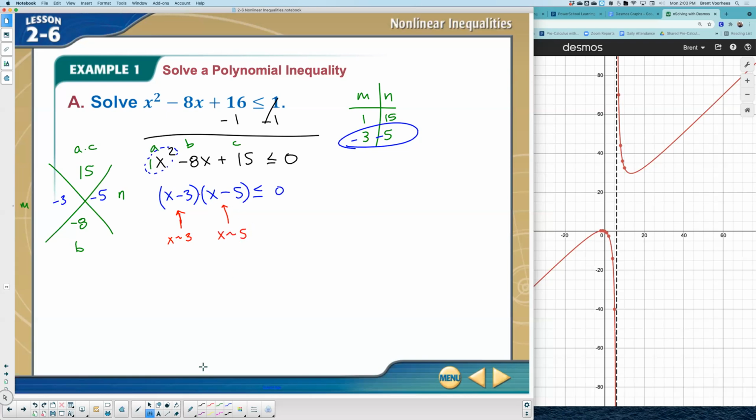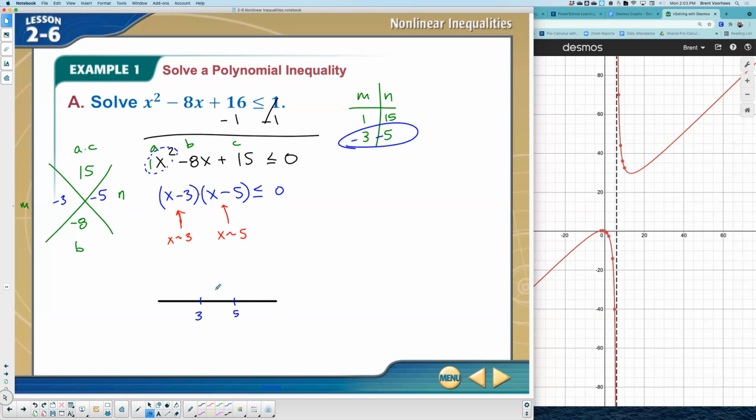And so without using a calculator, what you would do is you would create a number line, and you would place the x values, not -3, I'm sorry, +3 and +5, on my number line. And what we would need to do is check within each interval.